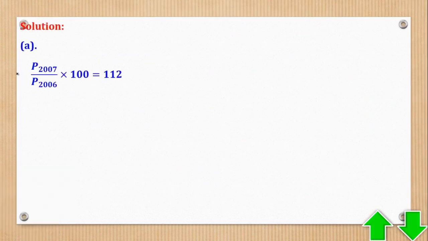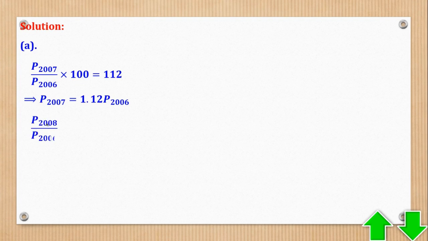So first of all, we are given the price index of 2.7 using 2.6 as the base year, and it was 112. That means that the price of 2.7 will be 1.12 times the price of 2.6. So what I've done, I've brought this one this side and this one this side. I've made this here the subject.